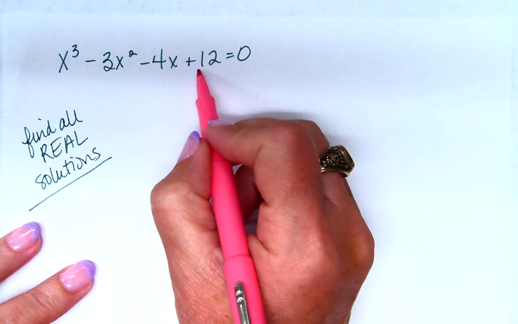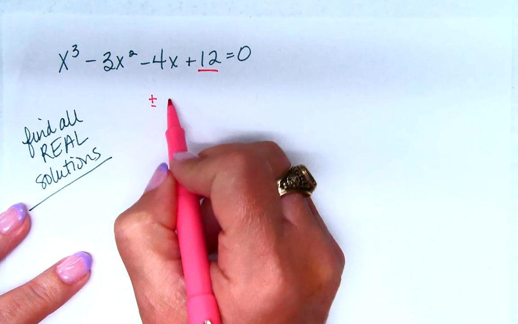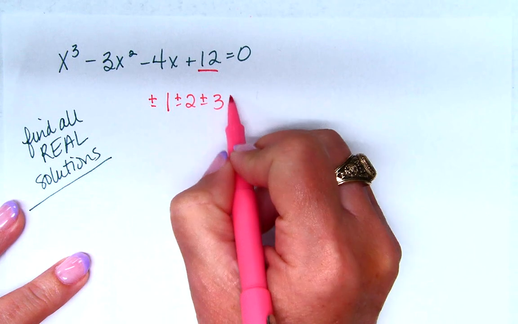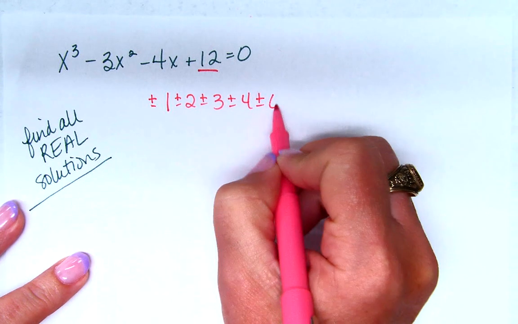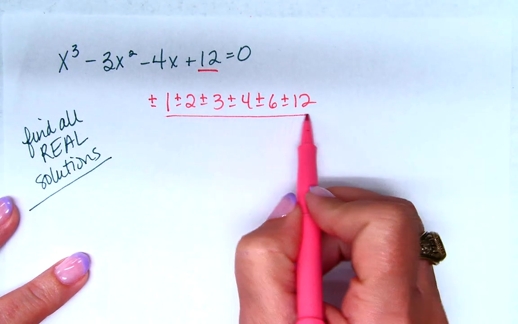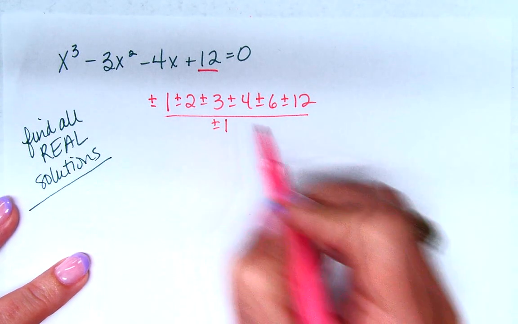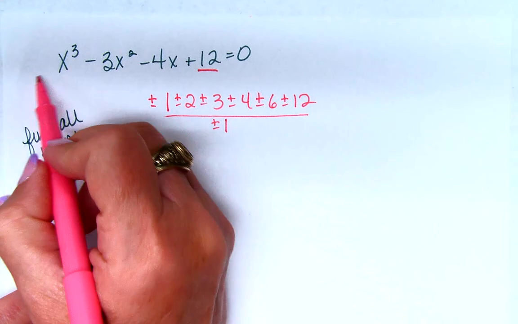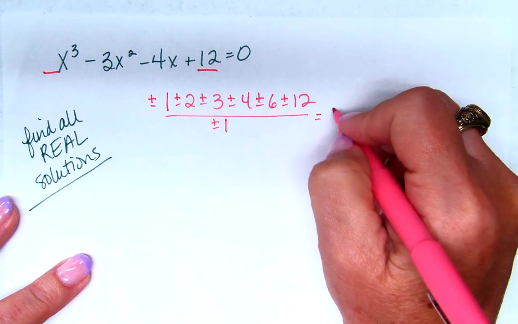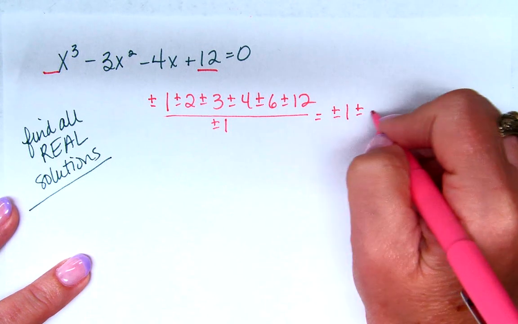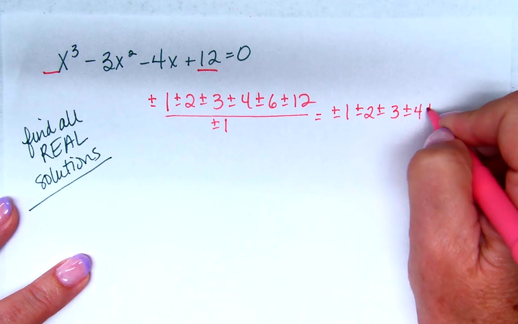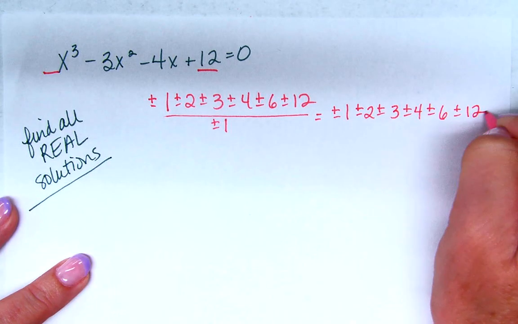Okay, so what are all the factors of 12? 1, 12, 2, and 6, 3, and 4. Correct? All divided by 1, right? All the factors of the first term, the leading coefficient. So I get 1, 2, 3, 4, 6, and 12.